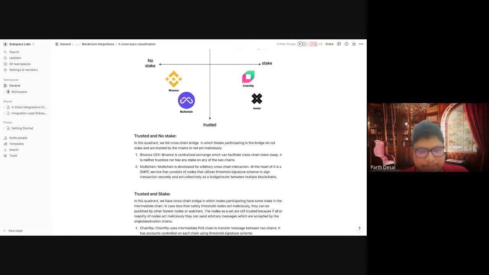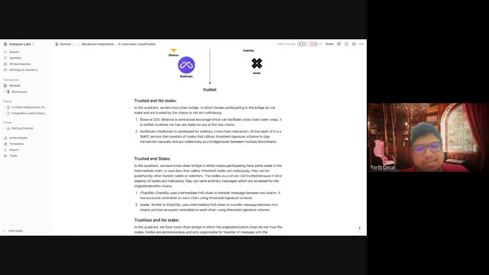So even though it's comparatively more secure than Binance CEX, technically Multichain is trusted and there is no stake. In the case of trusted and stake, both XLR and Chainflip follow a design where each has its own specialized intermediate chain, in which they have stake.